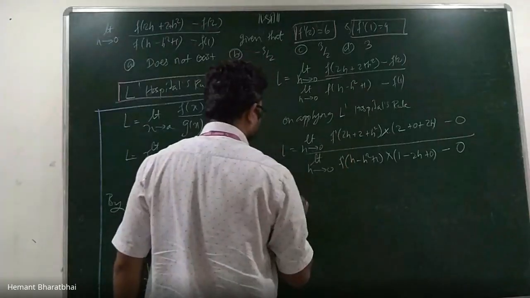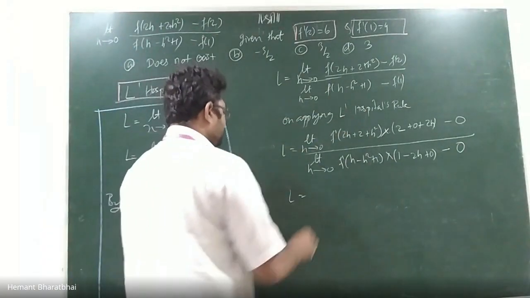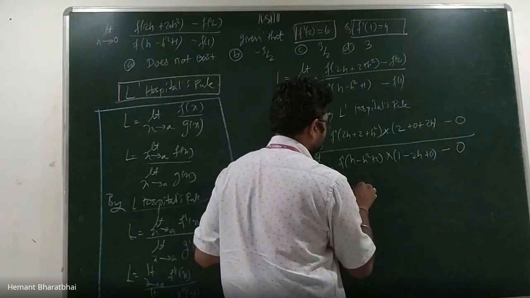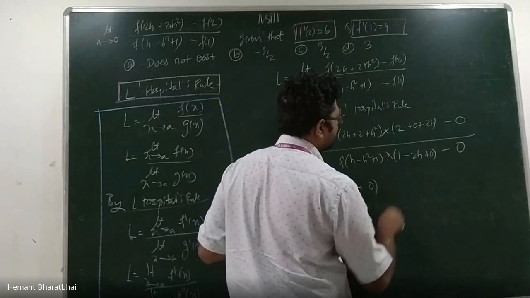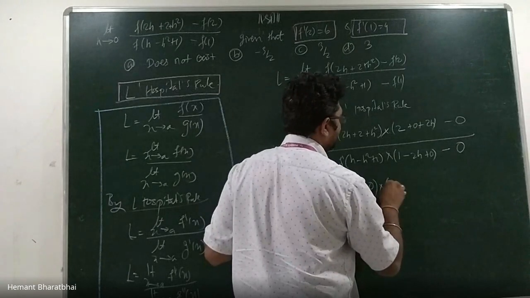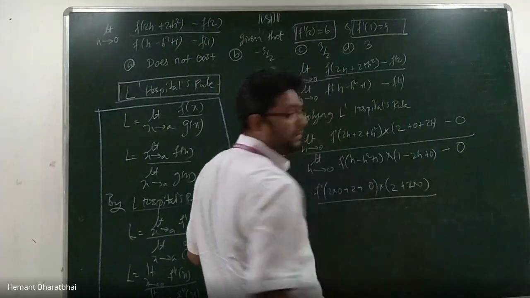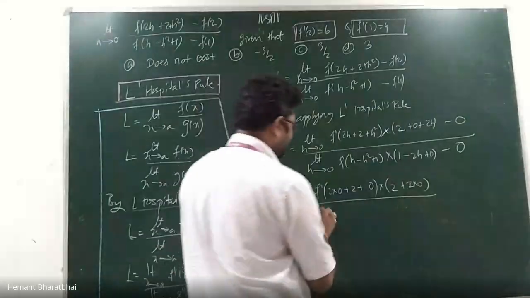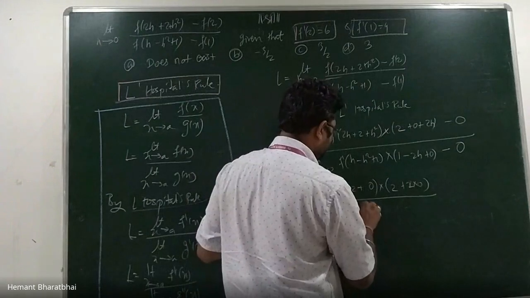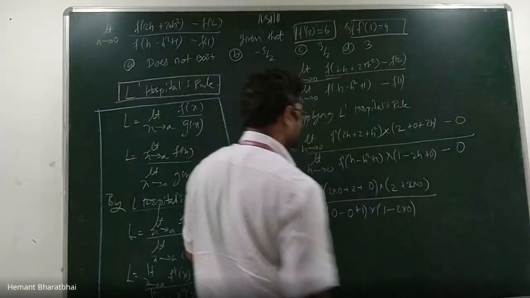Okay, now I will apply the limit also. So let's apply the limit. On applying the limit, I will get f dash of 2 into 0 plus 2 plus 0 square, and this 2 into 2 plus 2 into 0, whole upon, applying the limit, f dash of 0 minus 0 square plus 1 into 1 minus 2 into 0 plus 1.